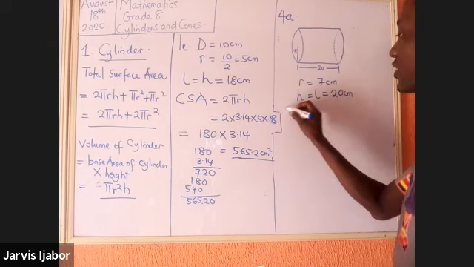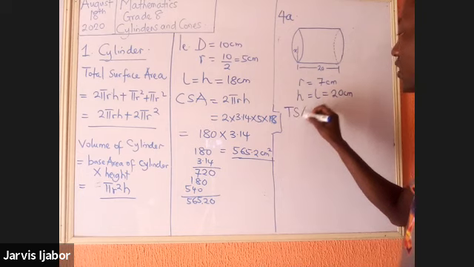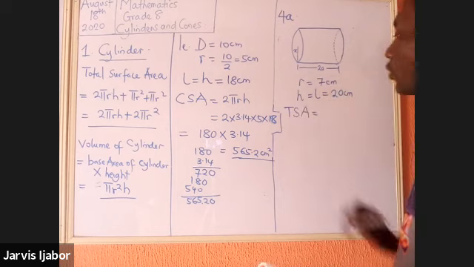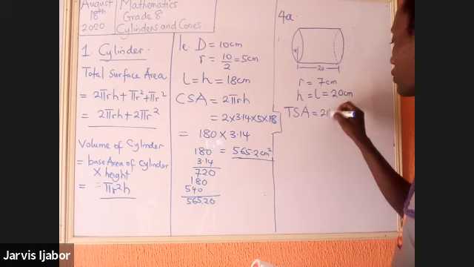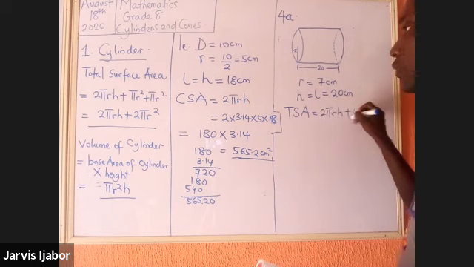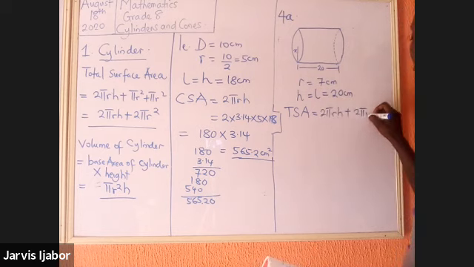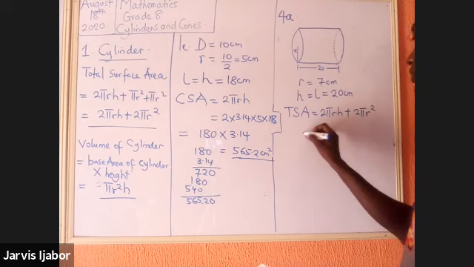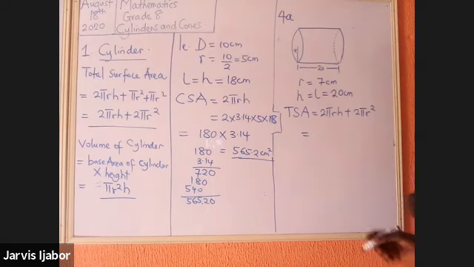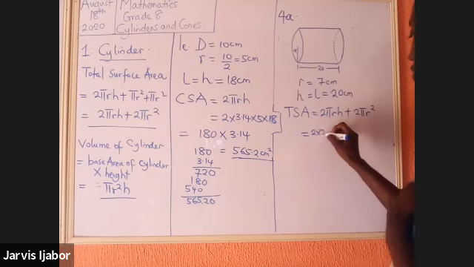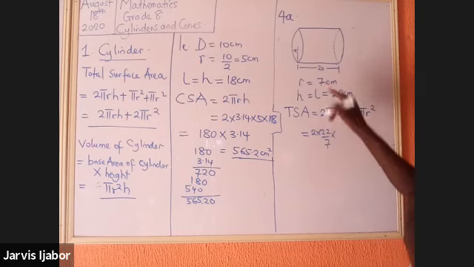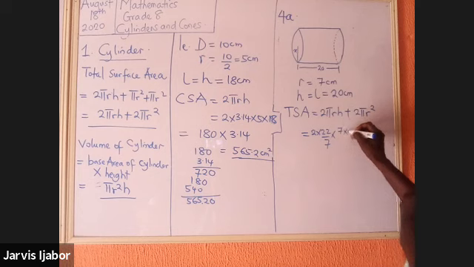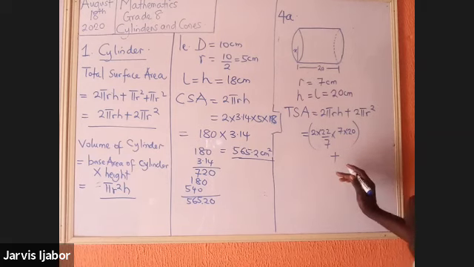So the total surface area will be equal to what? 2 pi r h plus 2 pi r squared. So that will give me what? 2 times 22 over 7 times 7 times 20 on the one hand, plus, I don't have enough space here, that's why I'm writing under here.